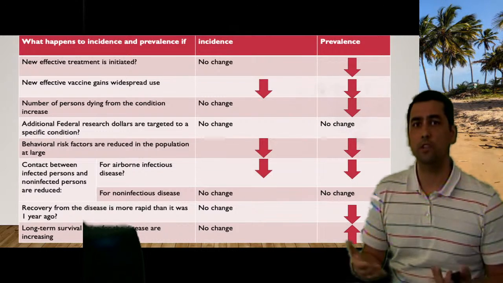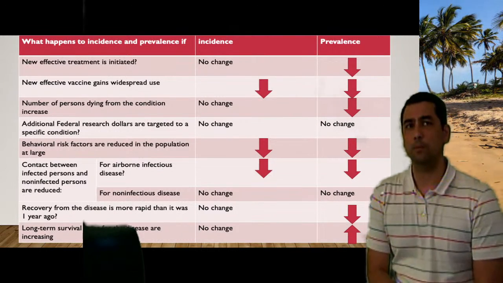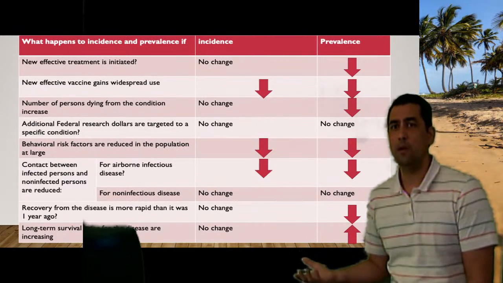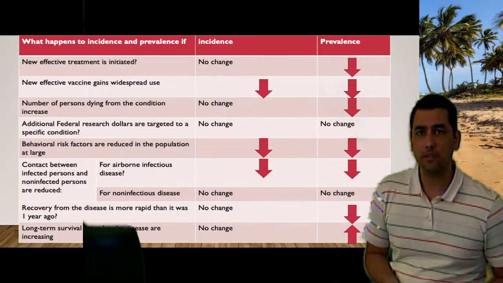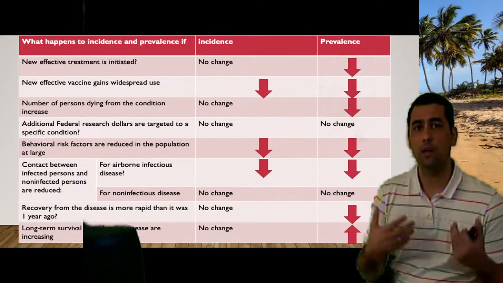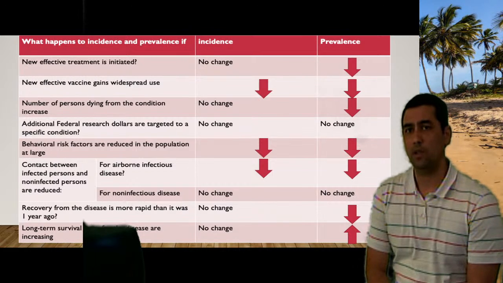So you decrease the incidence and the prevalence of diabetes. About COVID-19, if you use a mask and wash your hands better, you will decrease the incidence and the prevalence of COVID. Okay?